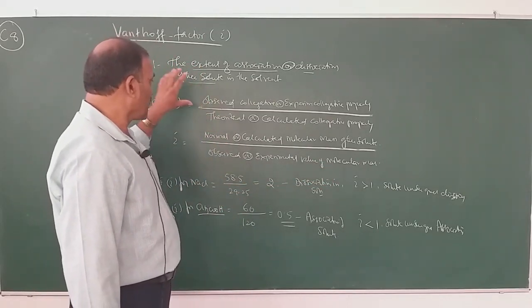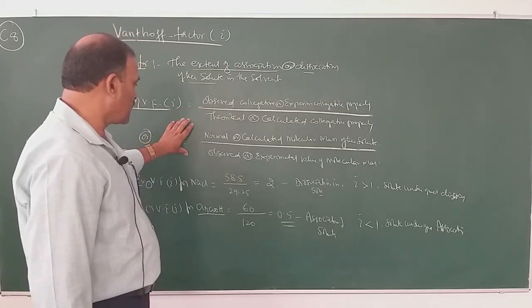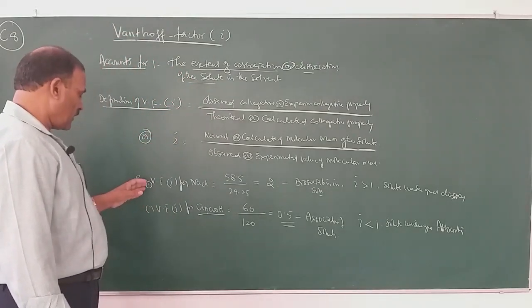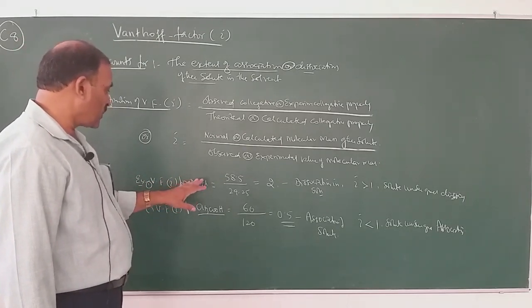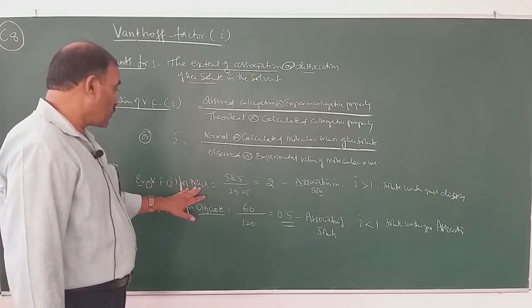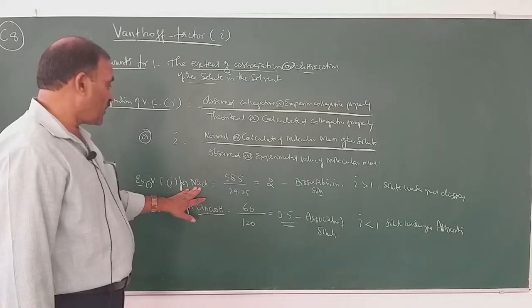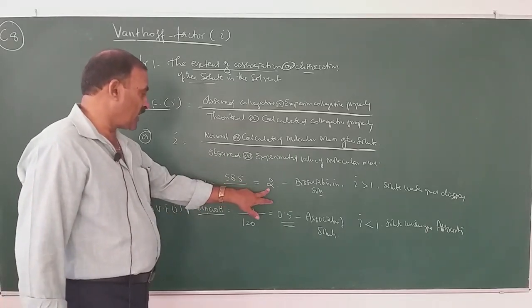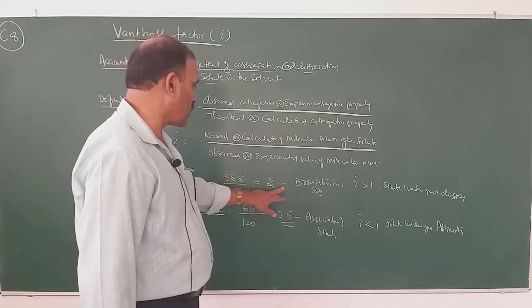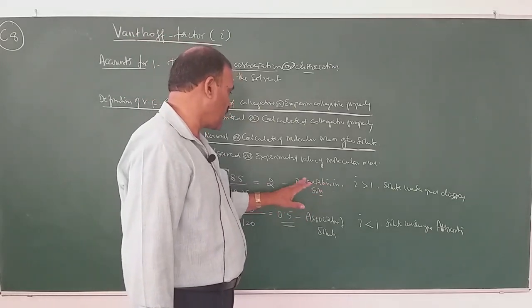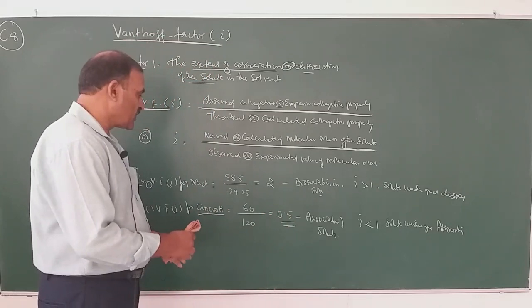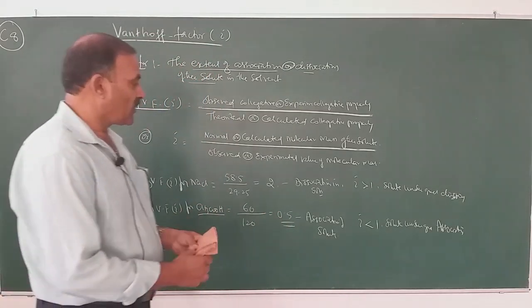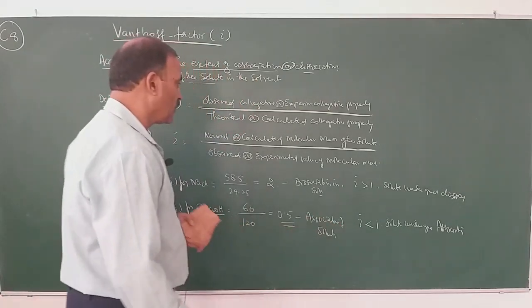Either you can give this definition or this definition. For the solutes which undergo dissociation, the Van 't Hoff factor is always greater than 1. For the solutes which undergo association, the Van 't Hoff factor is always less than 1.